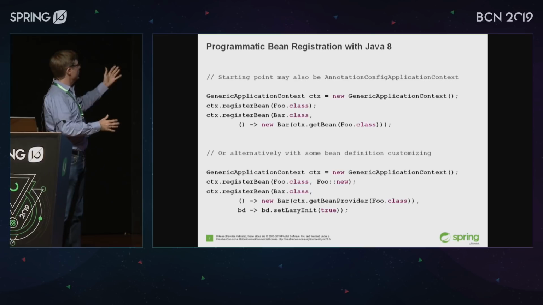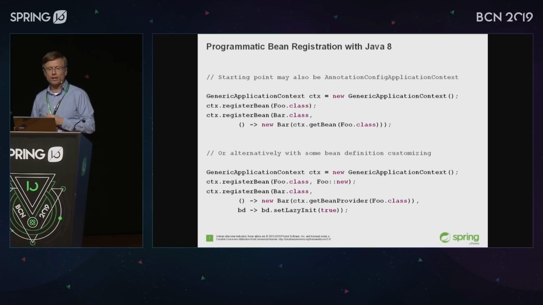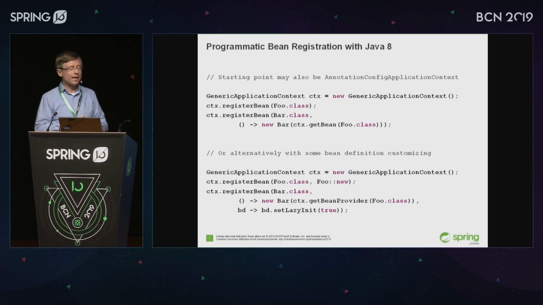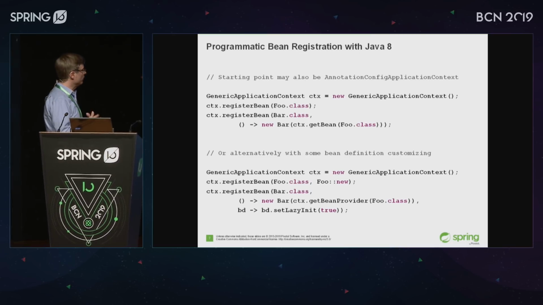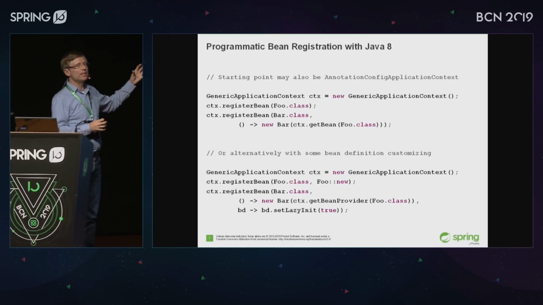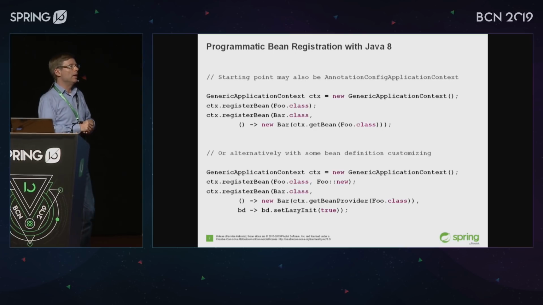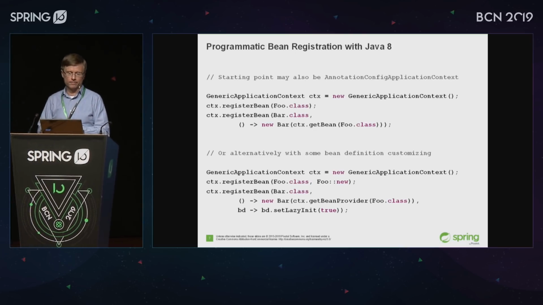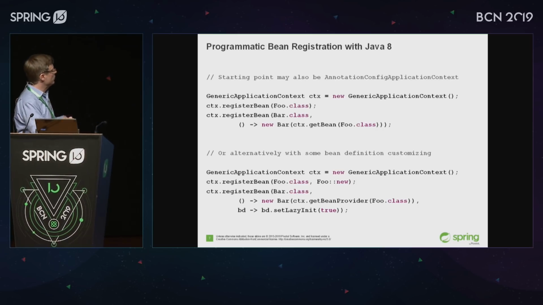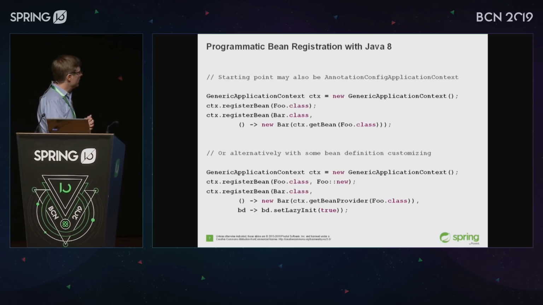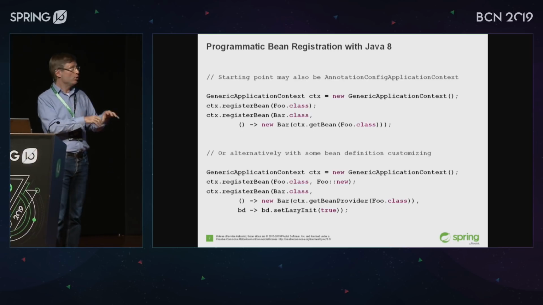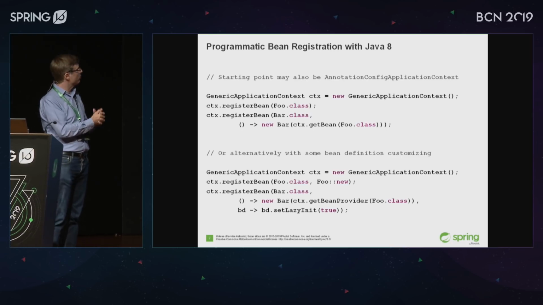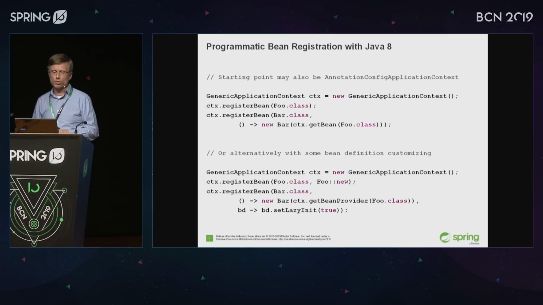And beyond that, it additionally marks the underlying bean definition as lazy init. So if it's a singleton by default, even the Bar instance itself will only be created as some other component retrieves a Bar from the container. So this is an alternative to configuration classes in the end. Entirely programmatic, no reflection involved, no annotations involved, and going really nicely together with programmatic retrieval.